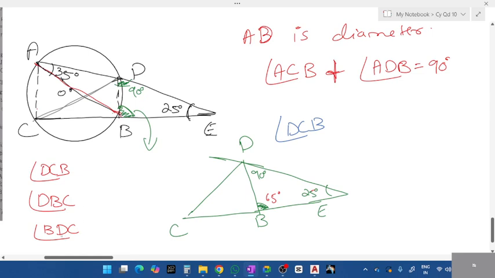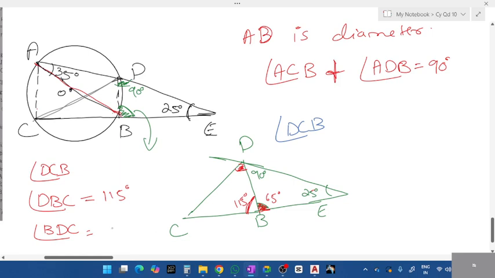Okay, so which angle can we find? B. You can find DBC. This angle. DBC. What value? 180 minus 65, 115 degrees. And BD, fine.